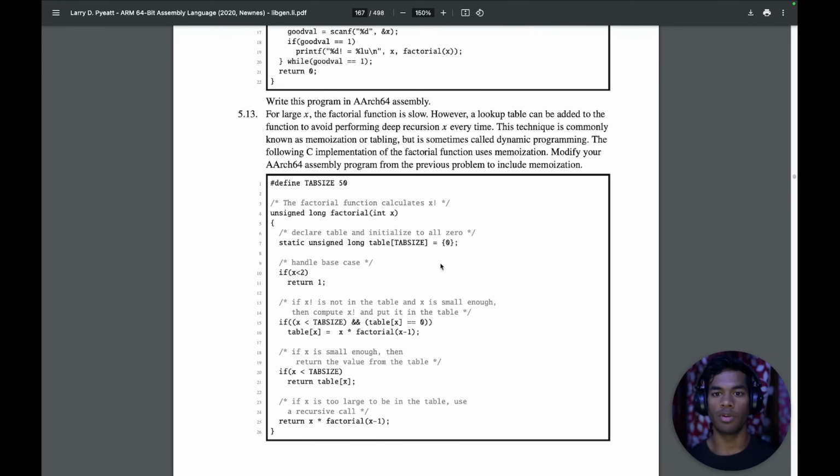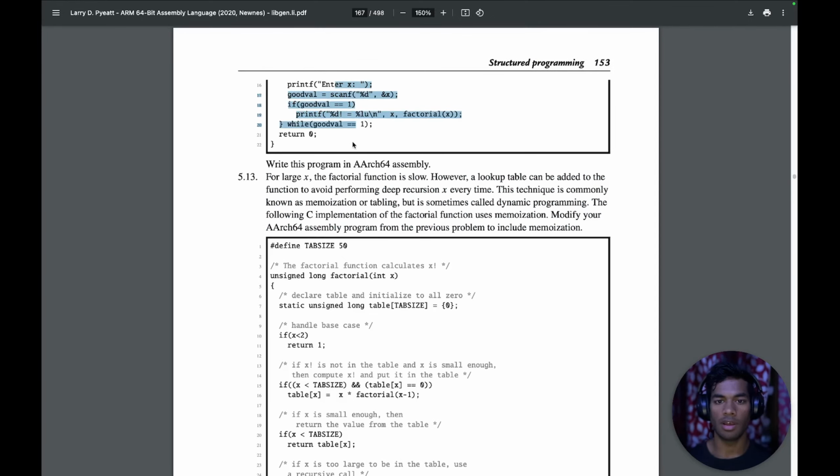For a large factorial, the function is slow. However, a lookup table can be added to the function to avoid performing deep recursion every time. This technique is commonly known as memoization, but is sometimes called dynamic programming. The following C implementation of the factorial function uses memoization. Modify your AArch64 assembly program from the previous problem to include memoization.